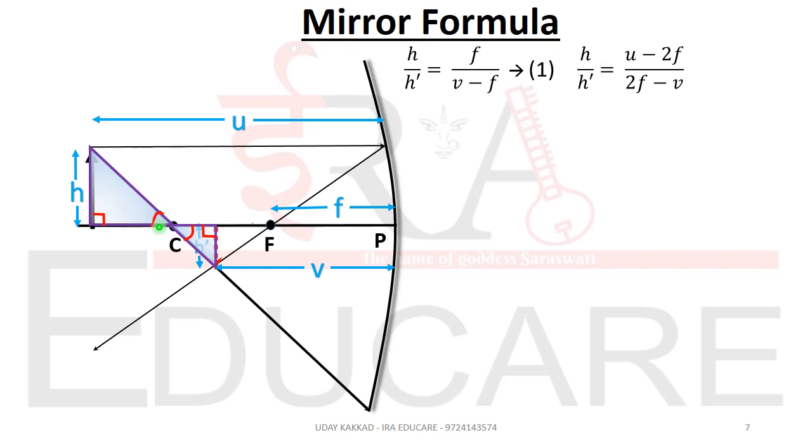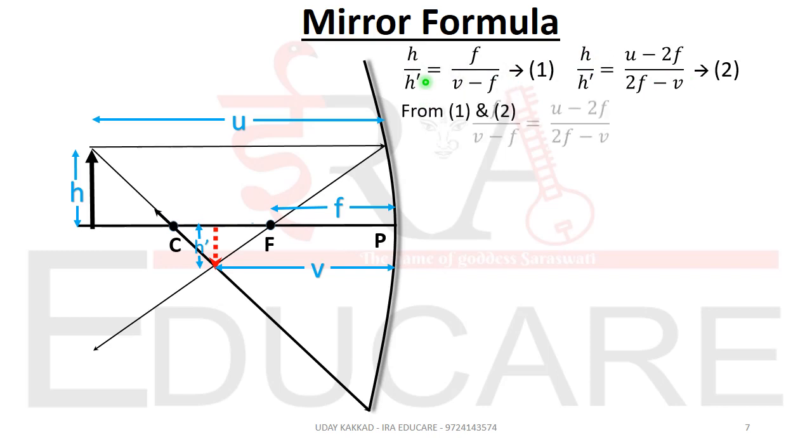So u minus 2f over 2f minus v, because from P to C it is 2f, and if you subtract v from 2f, then you get this distance, right? Let's call this 2. Now this is your first equation, this is your second equation, and here also h upon h dash.